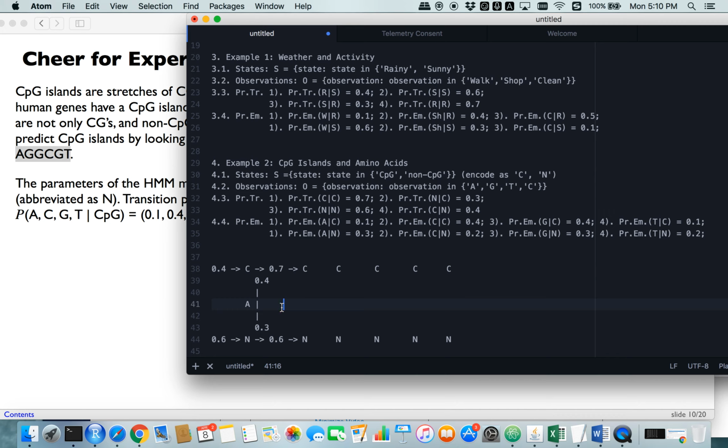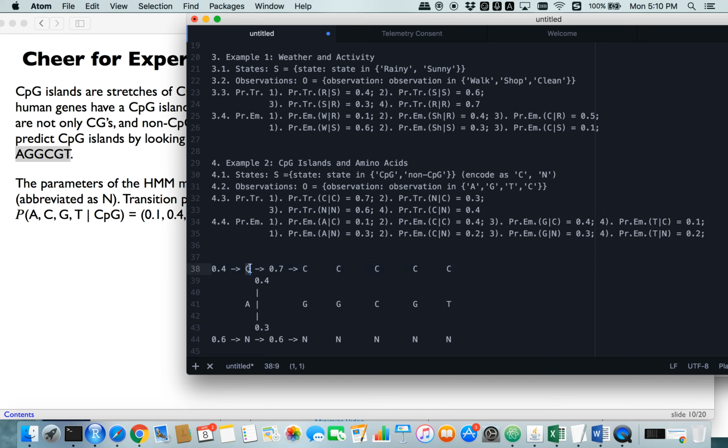Okay, and then our observations are A, G, G, C, G, T.